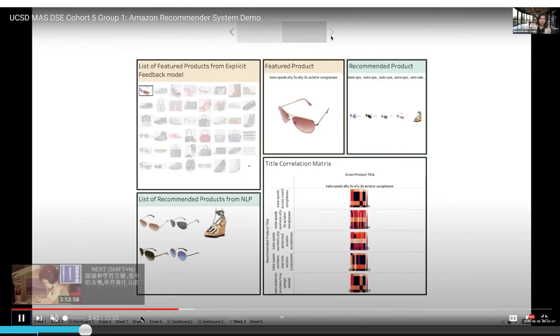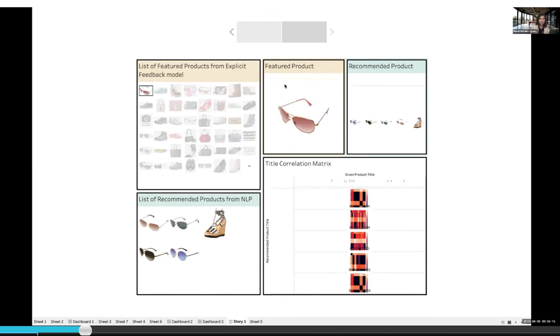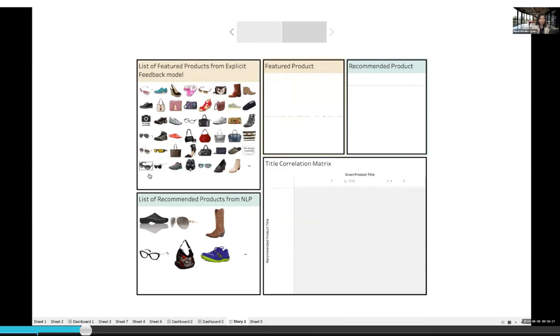And then when you select it, we visualize the model's decision. We plotted a heat map where each cell represents the Euclidean distance between 2 words. On the x-axis are the featured apparel titles, and on the y-axis are the recommended apparel titles.